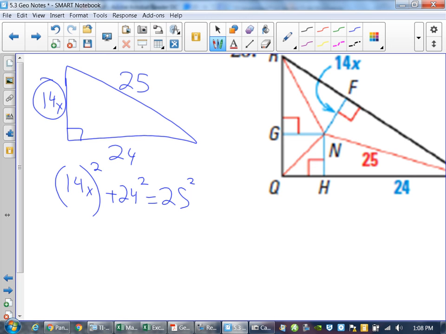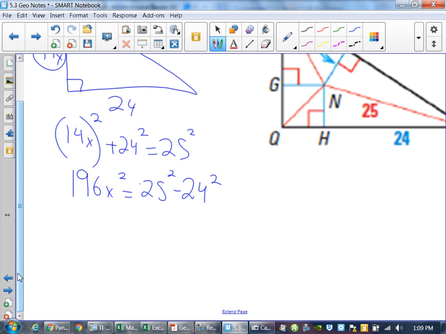And you start filling in blanks. 14 squared is 196. Is it wrong to multiply out 25 squared and 24 squared? No. Is it just as easy to just leave it like that and move it? You're just pressing buttons at that point.